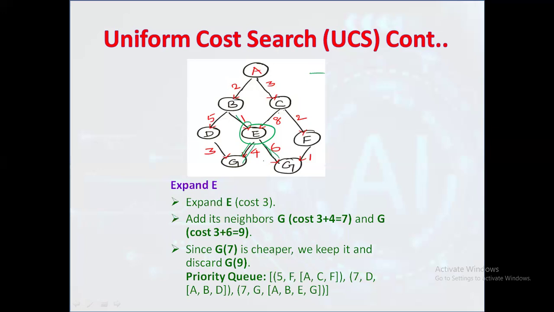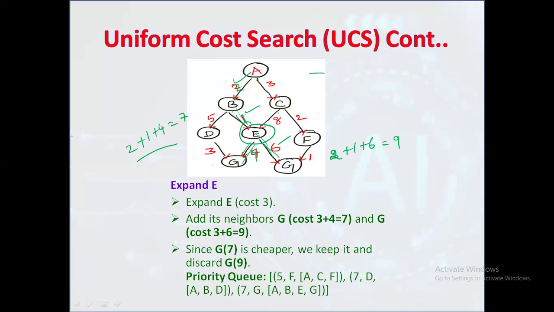The cumulative cost to reach G through E is 2 plus 1 plus 4, which is equal to 7. This is cheaper than the other path, 2 plus 1 plus 6, which is equal to 9. So we keep the path with cost 7 and discard the other path.